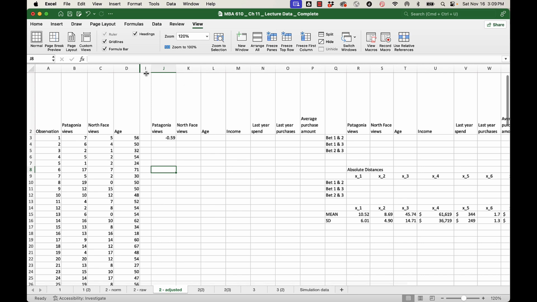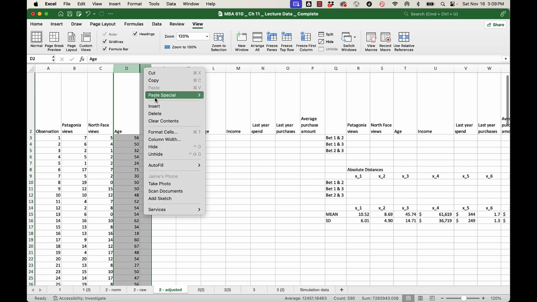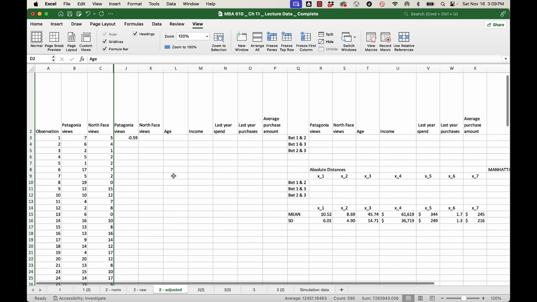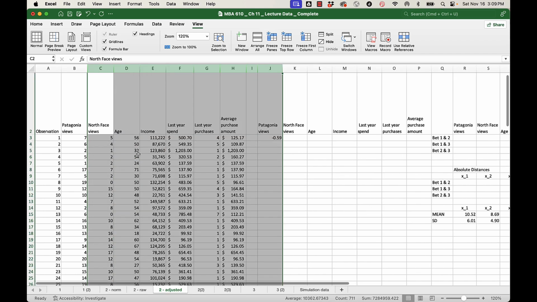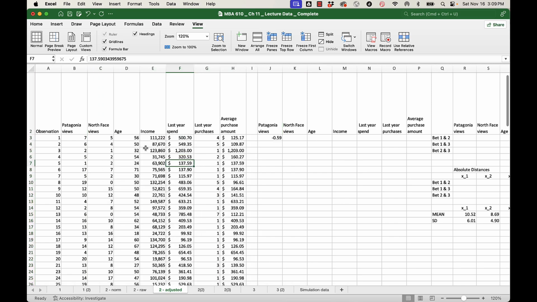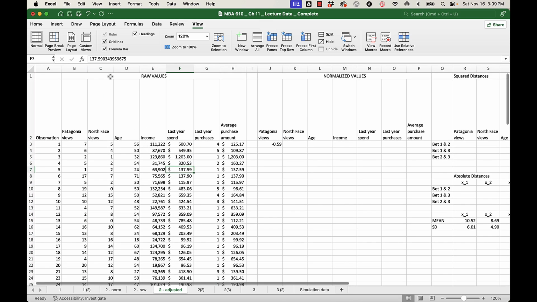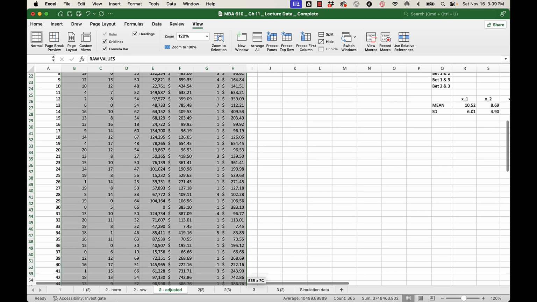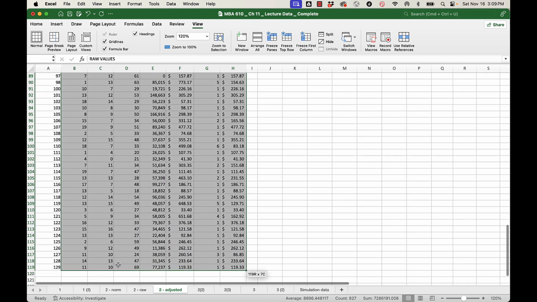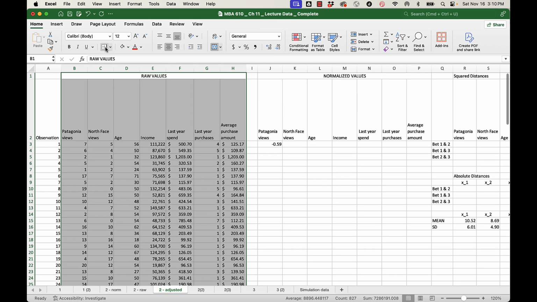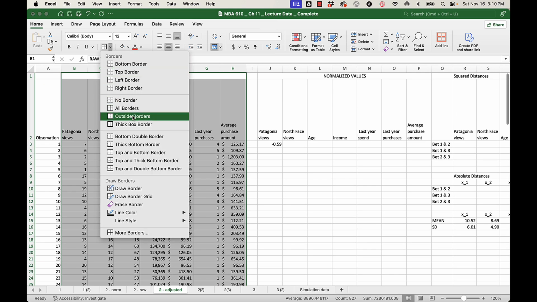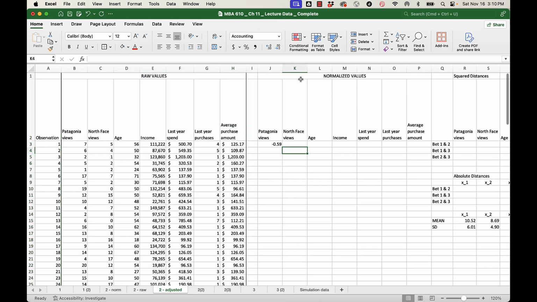Now I'm going to unhide these cells. I really am going to unhide all of those cells. And now I have what's going to be my raw values here, and then next to this is going to be my normalized values.